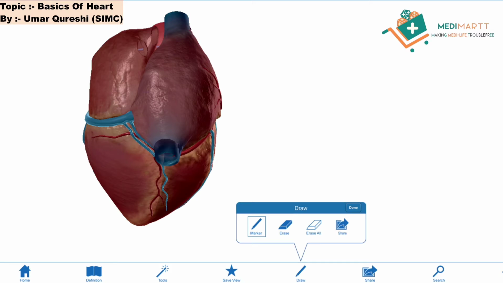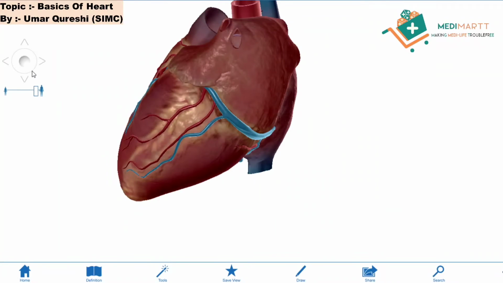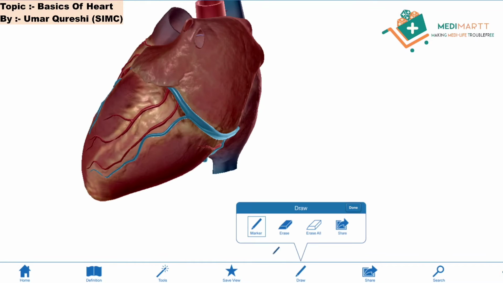Now moving towards the left surface. For that we will revolve our heart like that. So this is the left surface. What is written here is that it is directed upwards, as we can see, then backwards, as we all know that it is oblique in direction, so it is directed backwards, and to the left, as this is the left side.